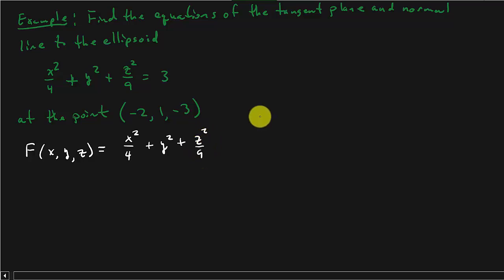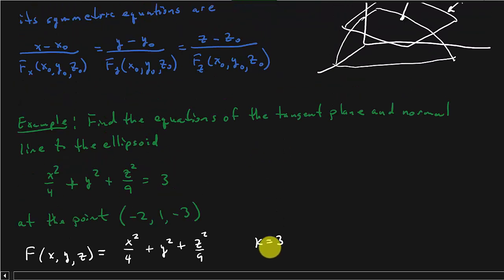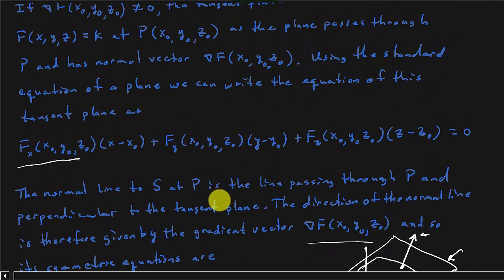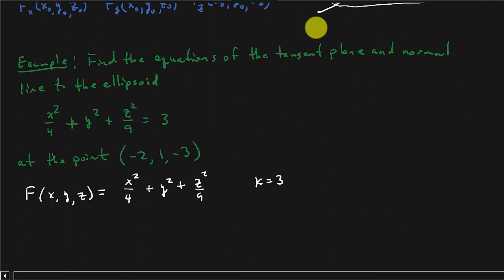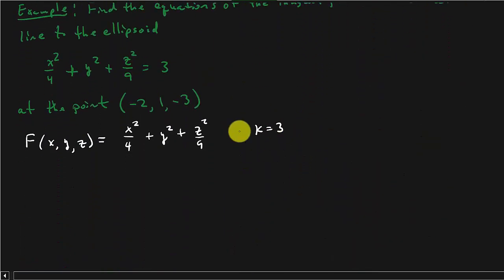We got that. And we know here k is equal to 3. So you can see you have your f of x, y, z equal to some k, and k is equal to 3 in this case.